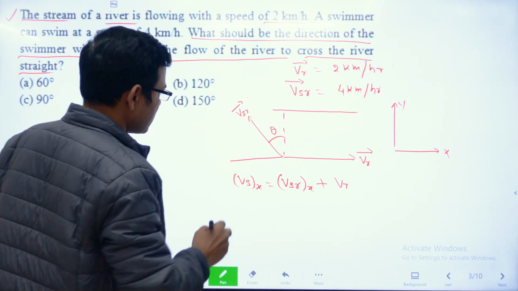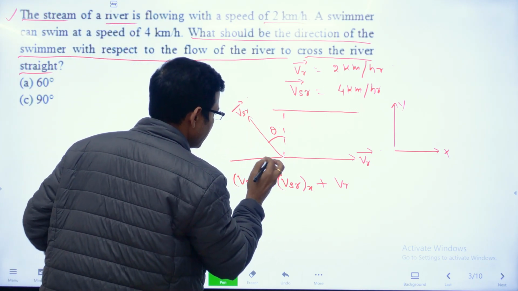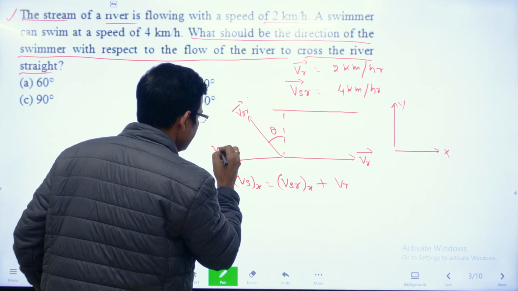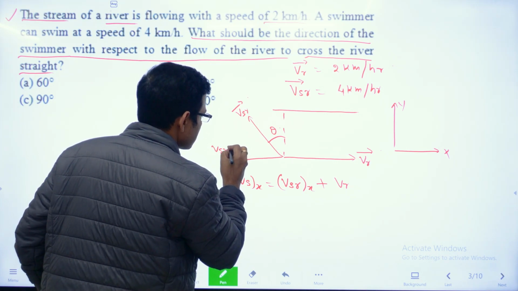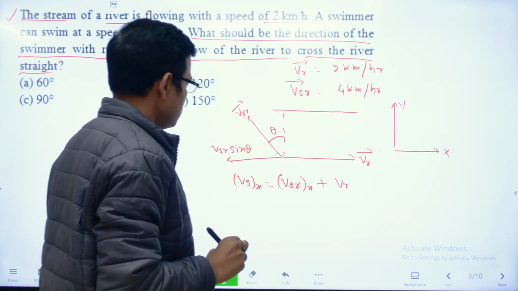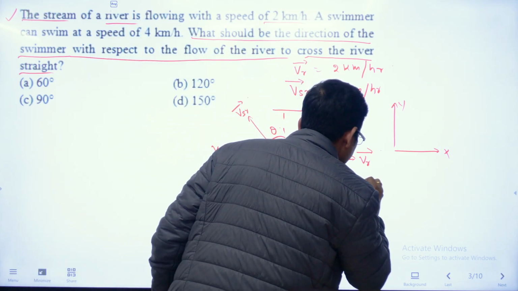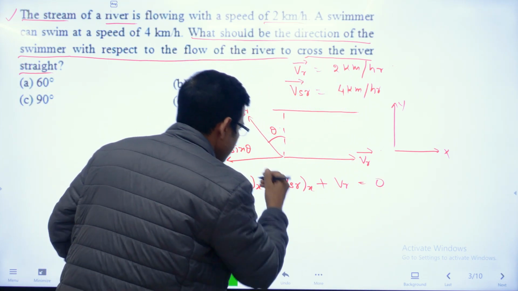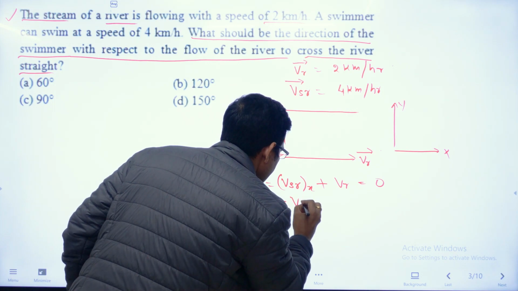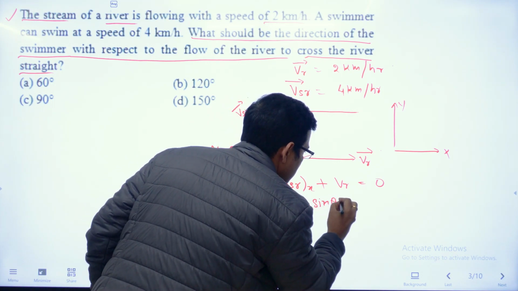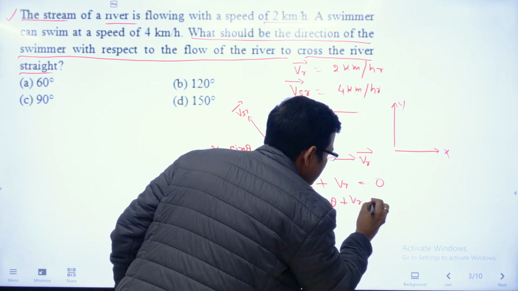Breaking it into components in this direction, it will be VSR into sin theta, and the total component will be 0. So we can write minus VSR sin theta plus VR is equal to 0.